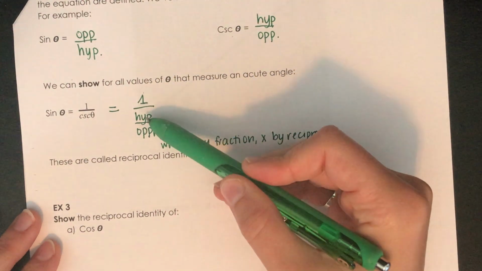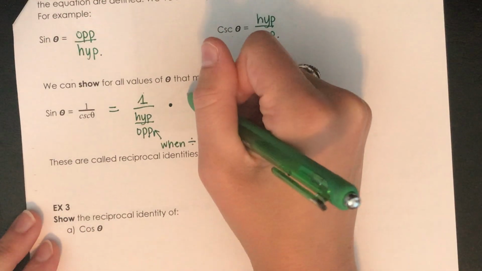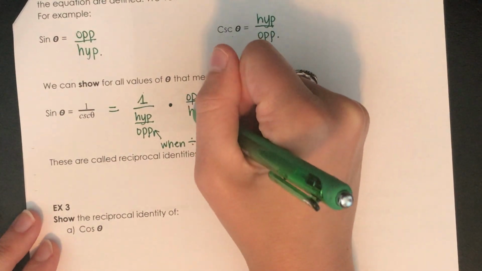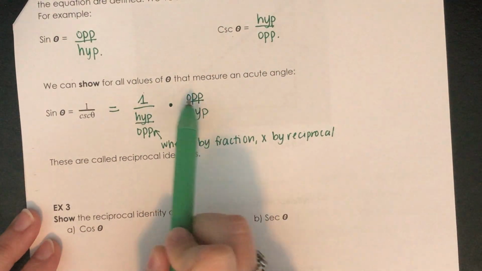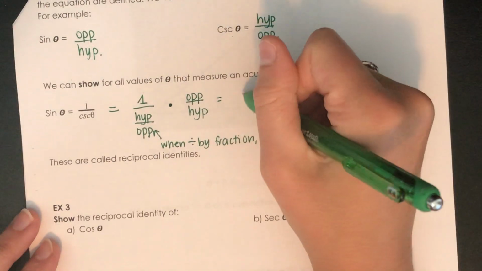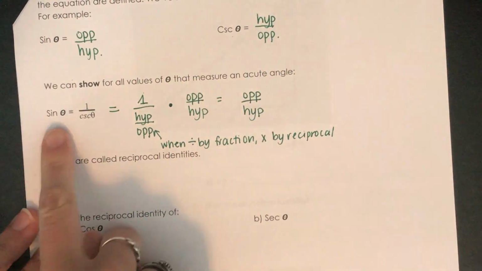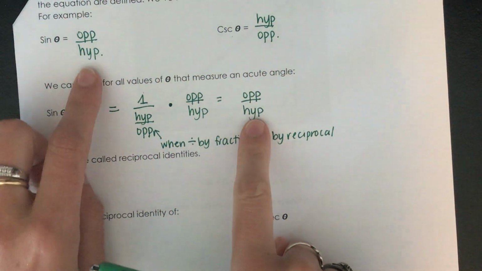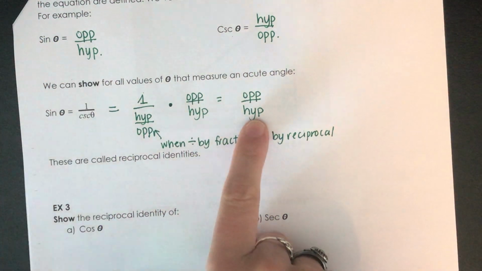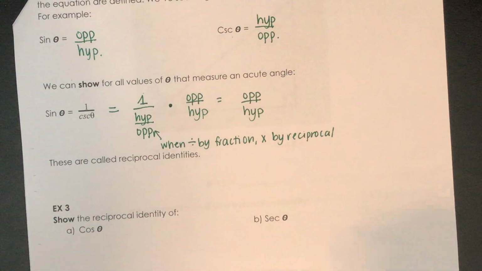So dividing by hypotenuse over opposite is the same as multiplying by opposite over hypotenuse. And 1 times the opposite is just opposite. 1 times the hypotenuse is hypotenuse. So you get opposite over hypotenuse, which is sine. So look at that. I just proved that the reciprocal identity is true. So these are called reciprocal identities. Whenever it's got that 1 there, it's true for all values of the variable.